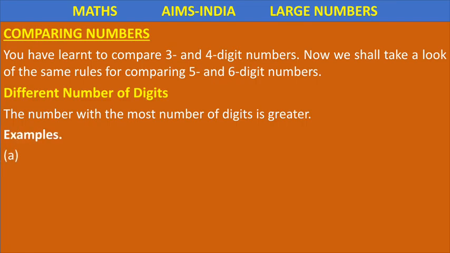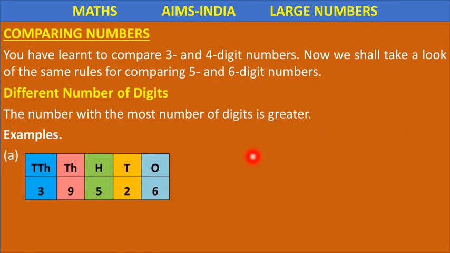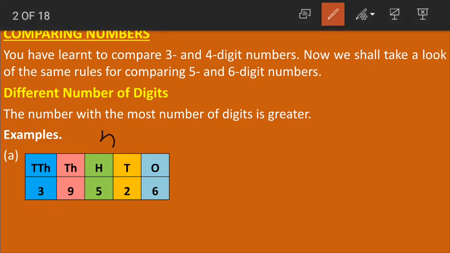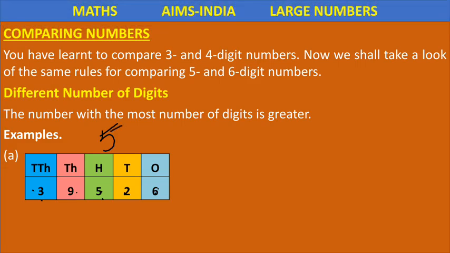Let us look at some examples here. This number on the left side has 1, 2, 3, 4 and 5 digits. How many digits, children? It has 5 digits. What is the number? 39,526, which has 5 digits.